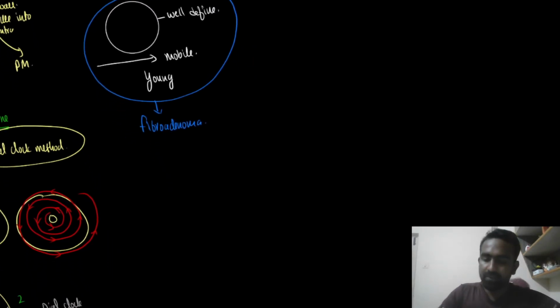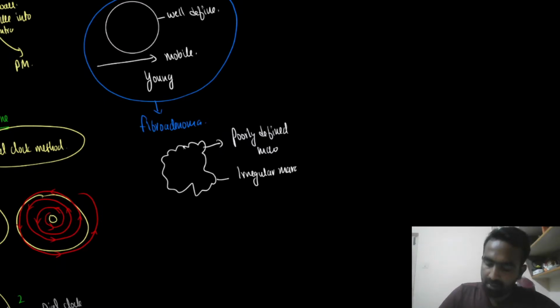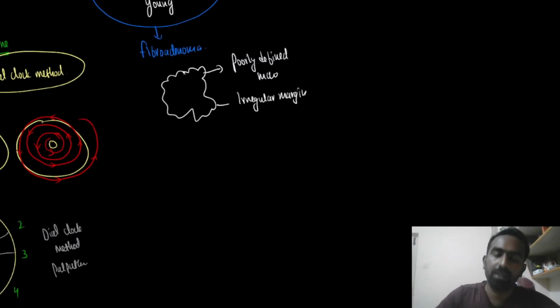If it is a solid mass with irregular or spiculated margins, or a poorly defined mass with irregular margins, fixed or non-mobile, it can be fixed or of limited mobility.